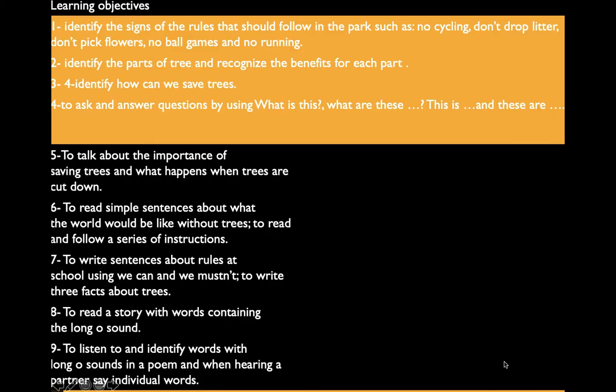Let's move. There were 15 learning objectives in this unit. The colored learning objectives are the ones that I have taught. Also, I have changed the learning objectives that I taught, while the other learning objectives appear as they are in the teacher guide.